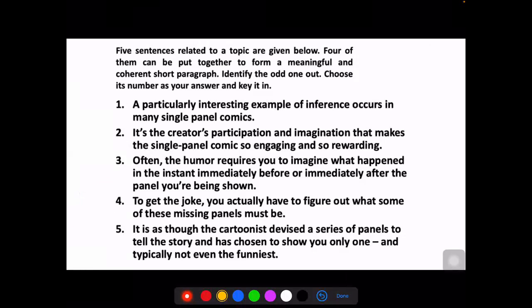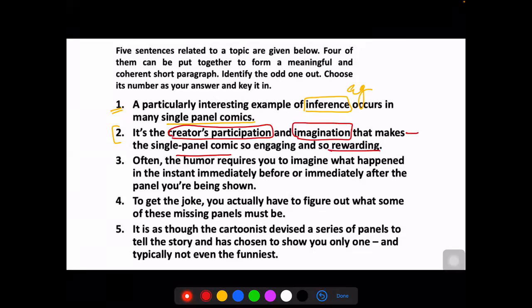Okay. Now I'll explain how you have to find the answer. First thing, they were talking about single panel comics because the sentence revolved around this. It was saying a particularly interesting example of inference occurs in single panel comics. Then the second point revolves around the creator's participation and imagination that makes the single panel comics so engaging and rewarding.